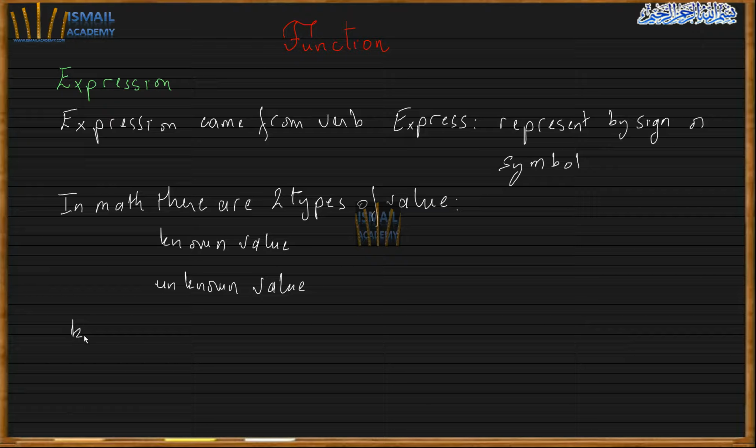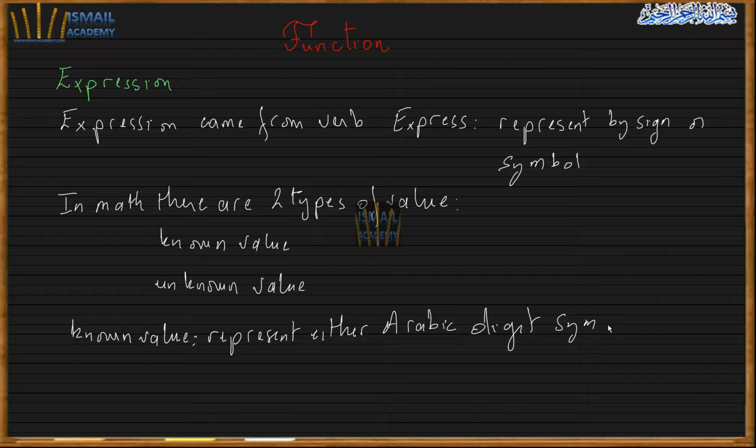For known values, we express or represent them either by Arabic digit symbols, which means those symbols 0, 1, 2, 3, 4, 5, 6, 7, 8, 9, or as a combination of operators and symbols.